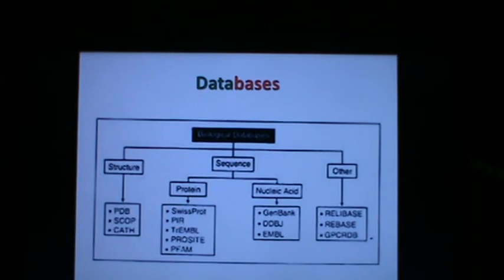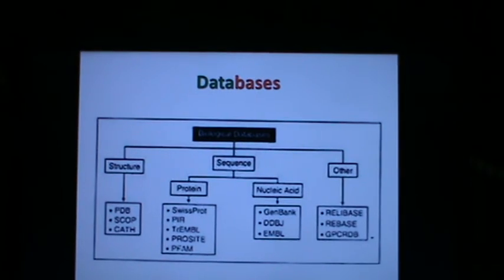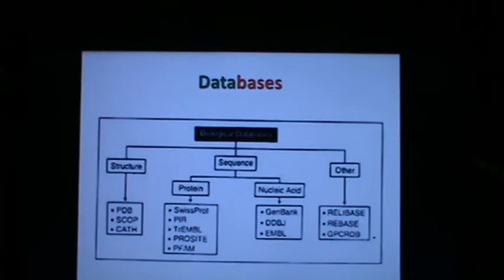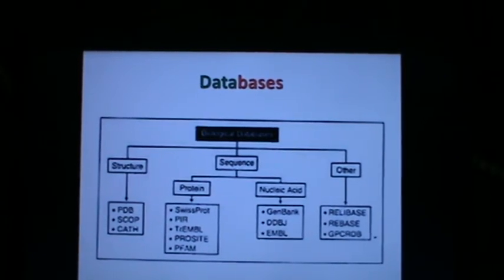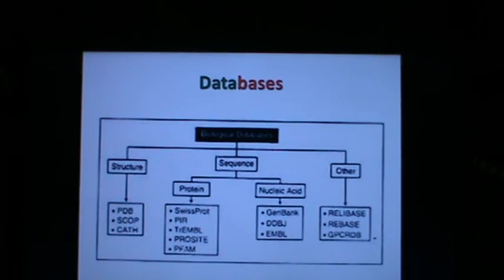So the major types are three: structure, sequence and other. In the structure databases, the structures of proteins are there. In the sequence databases, there are again two types, protein and nucleotide databases.